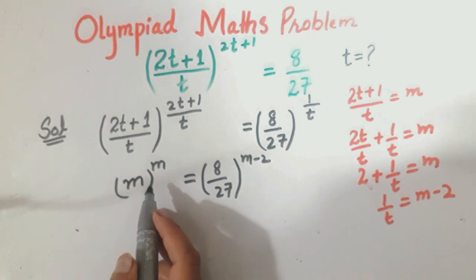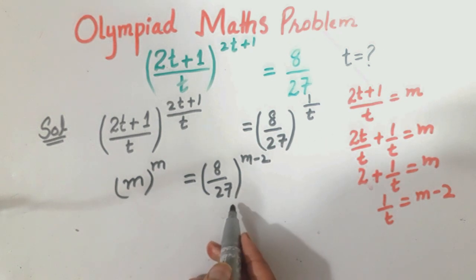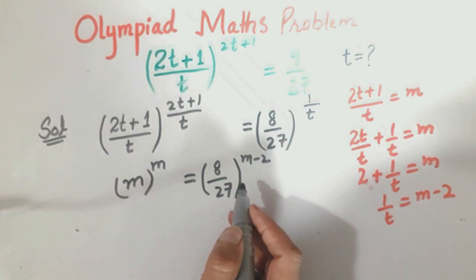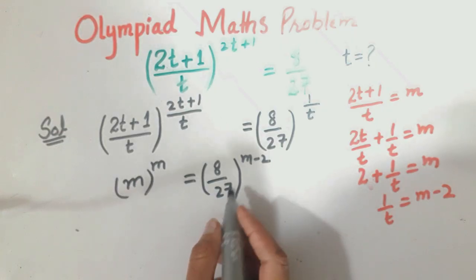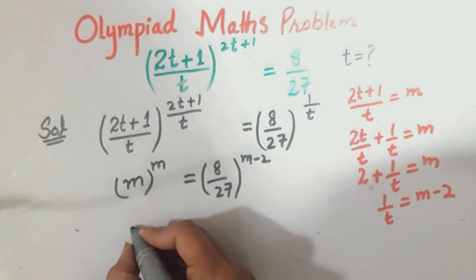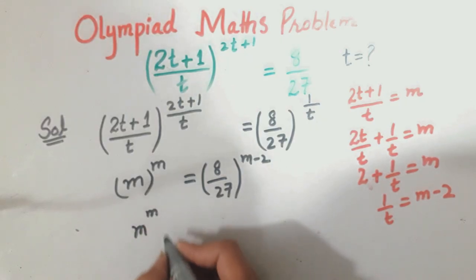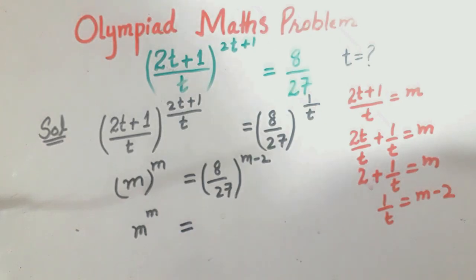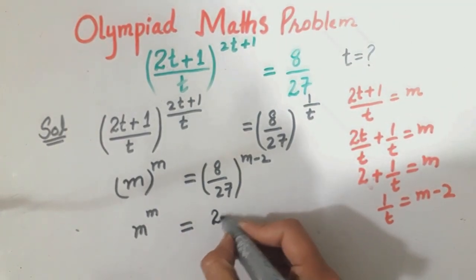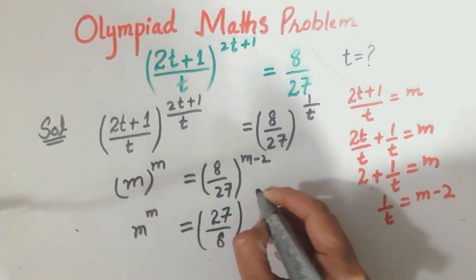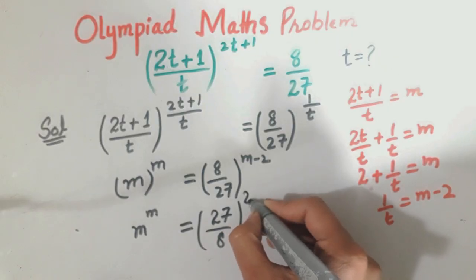So on this side we have 8/27, and we also want to make its power positive. m to the power m equals, so we will write this as 27/8 and then the power is reversed. So it will become 2 - m.